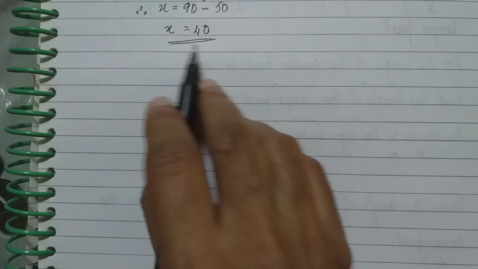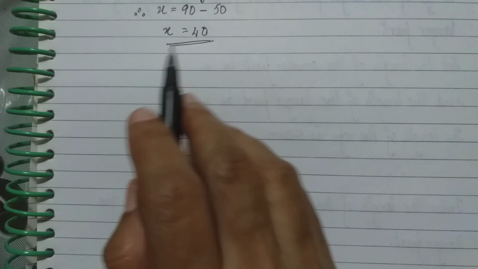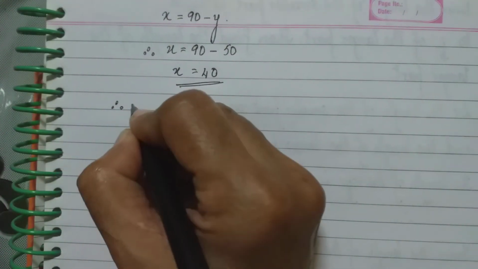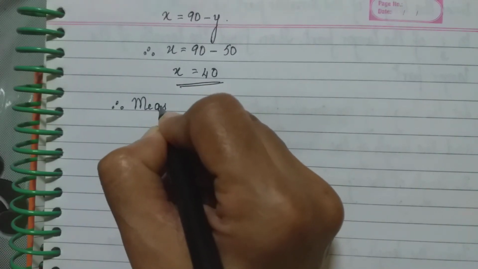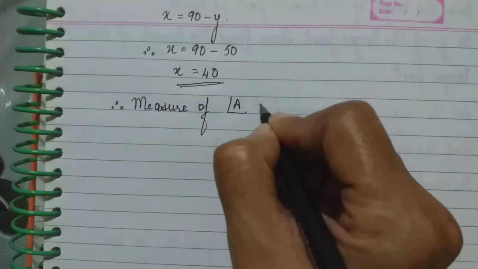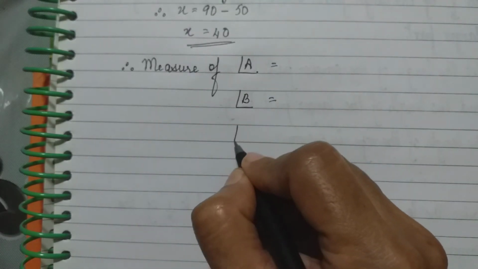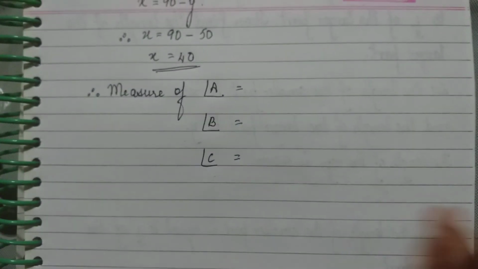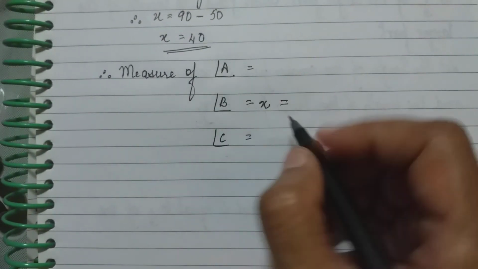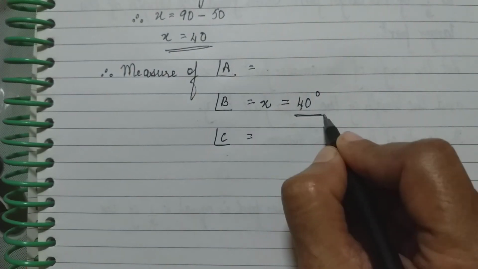Now if you remember, we had taken the measure of angle B as x and the measure of angle C as y. Therefore angle B was taken as x, so it is 40 degrees. Remember, we have to write in degrees.